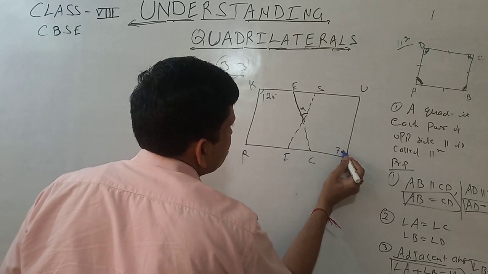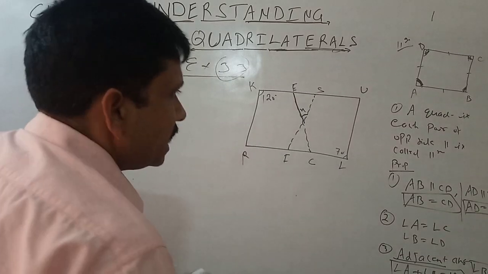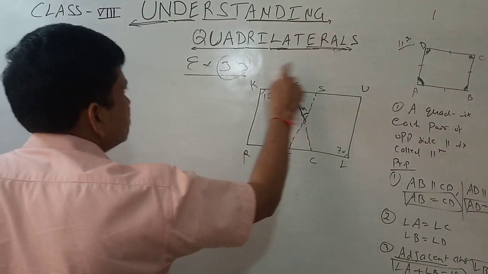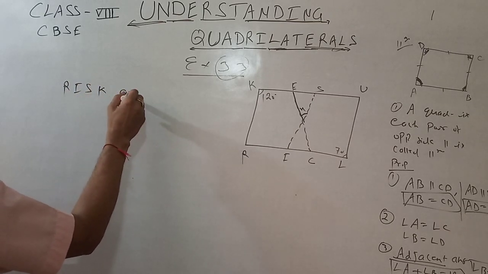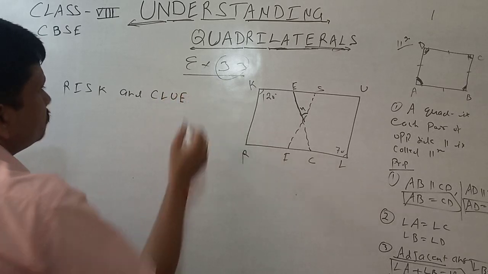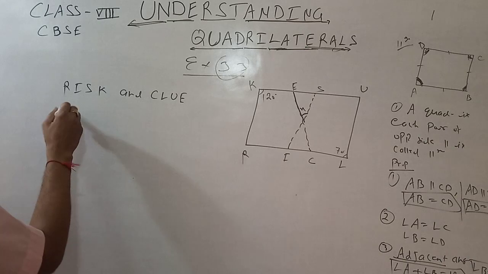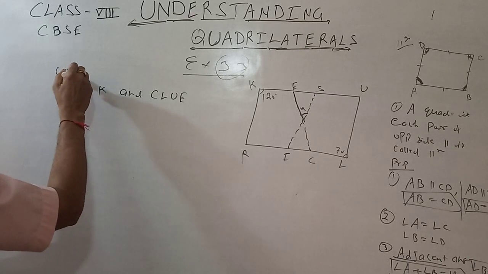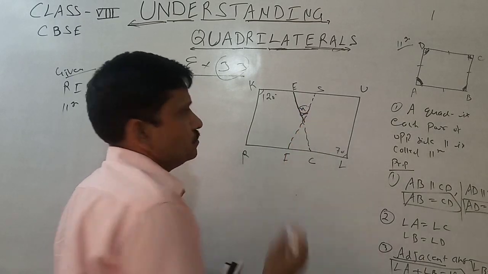This is 70 degrees. We want to find the value of x, and it is given that RISK and CLUE are parallelograms. We want to find the value of x.